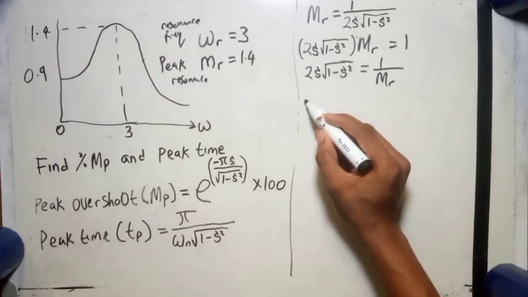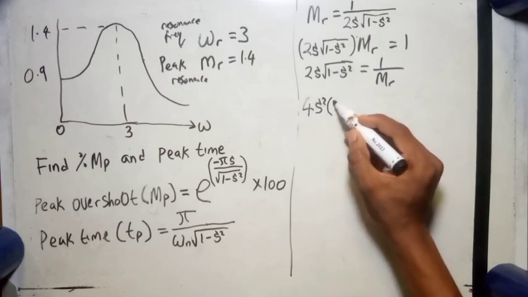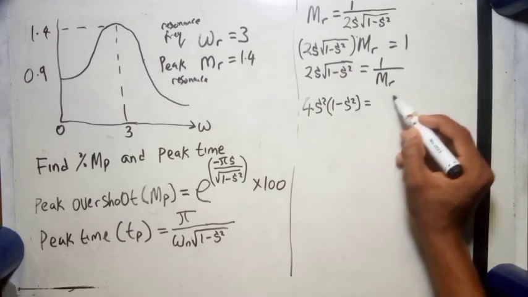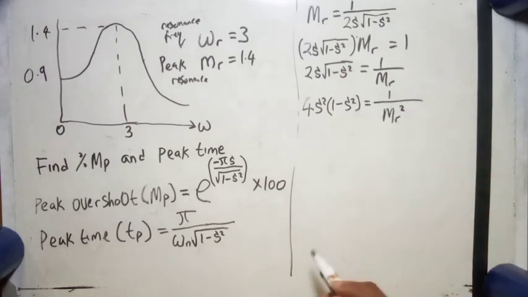When we do that, we have 4 zeta square multiplied by 1 minus zeta square is equal to 1 over Mr square.